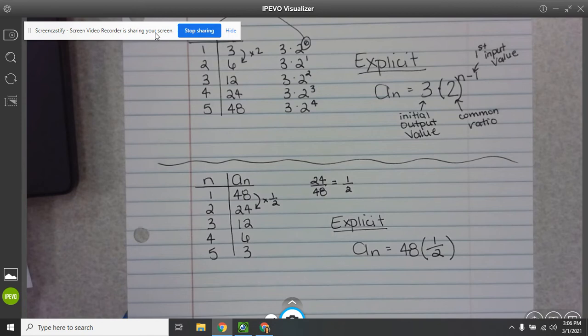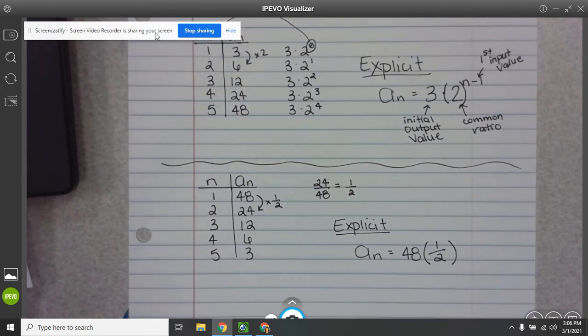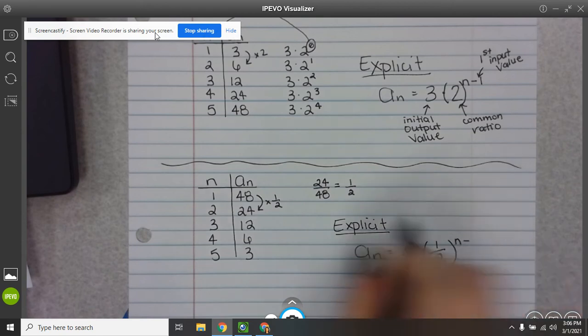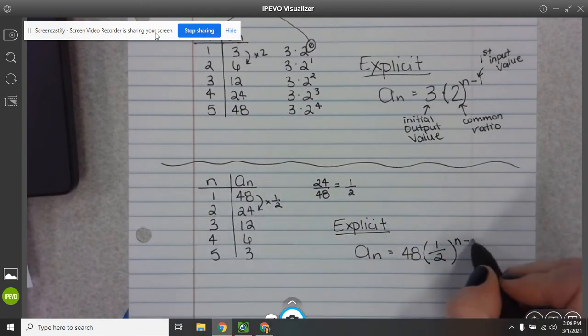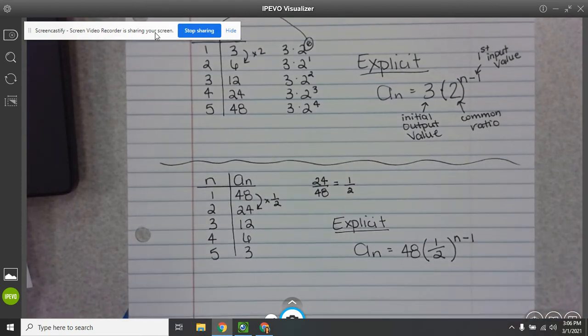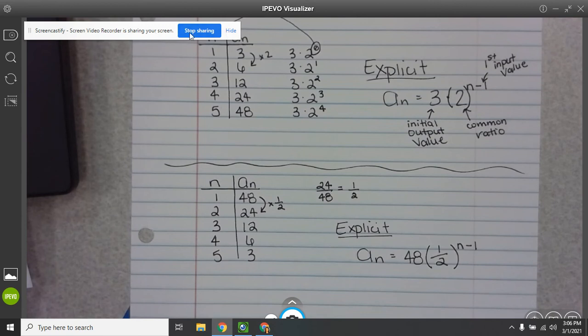Typically, you will see your common ratio in parentheses. And then n minus my first input, which was 1. So my first output, my common ratio, and my first input. And that will always be the case with these geometric sequences.